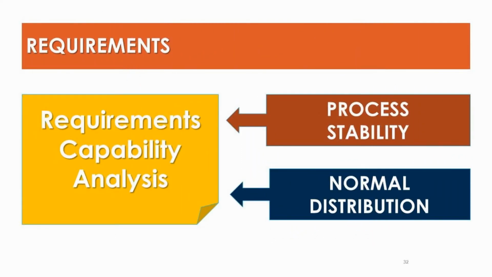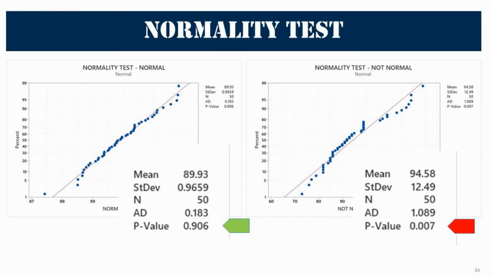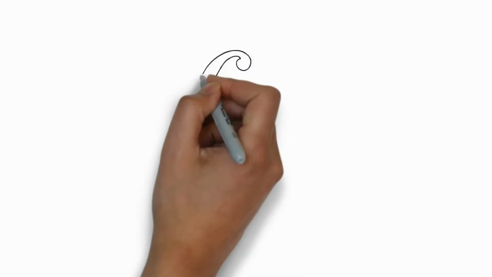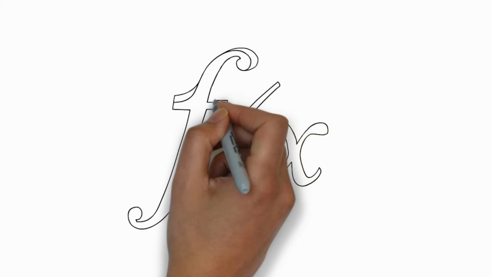Okay, so far we reviewed the two requirements for capability analysis, which are process stability and normal distribution. Number 3, the formulas. Okay, let's get the show and the fun started now.